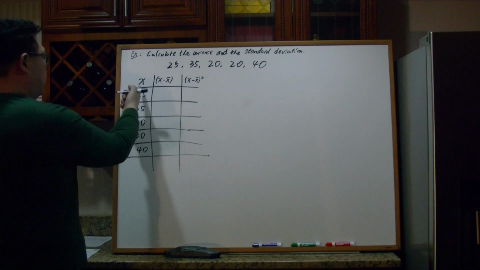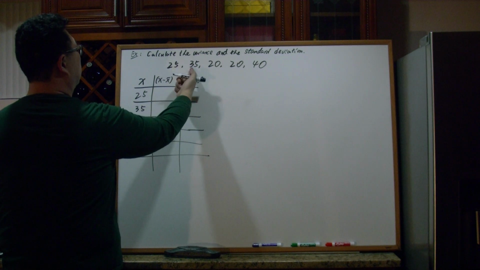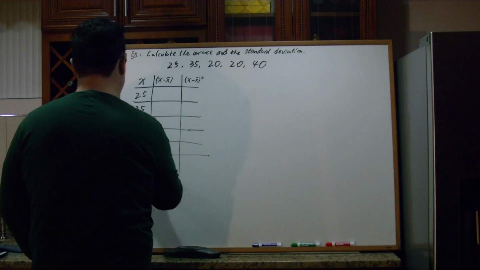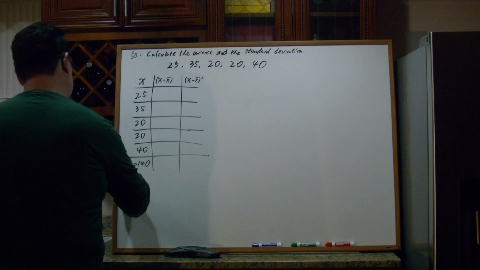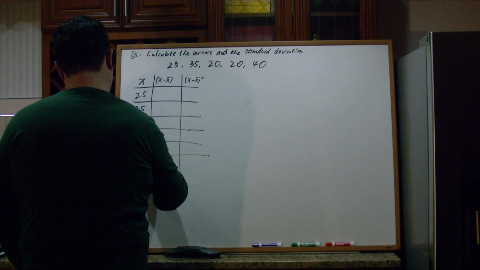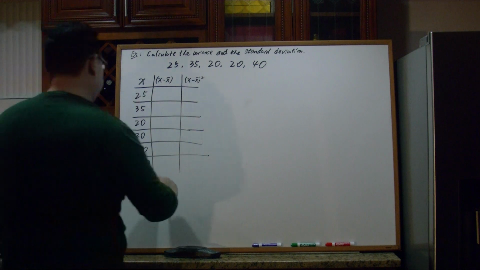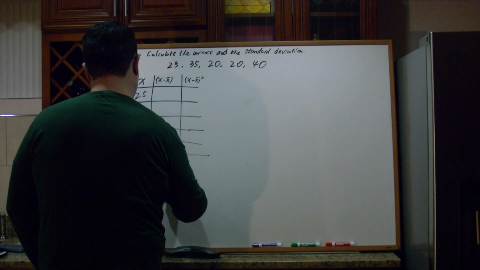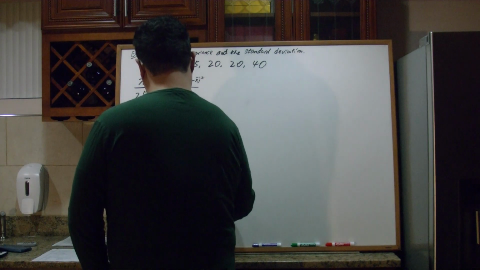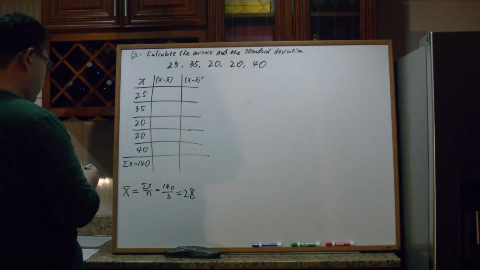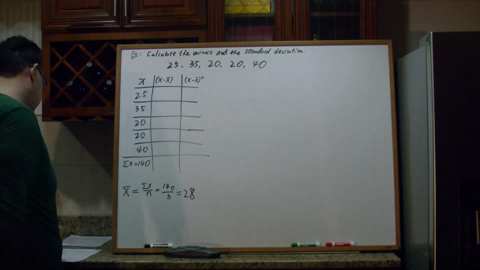First of all, the column we get from here is from the data we add together, we get 60, 100, 140. The sample mean is the sum divided by n, which n in this case is 5. 140 divided by 5 is 28.